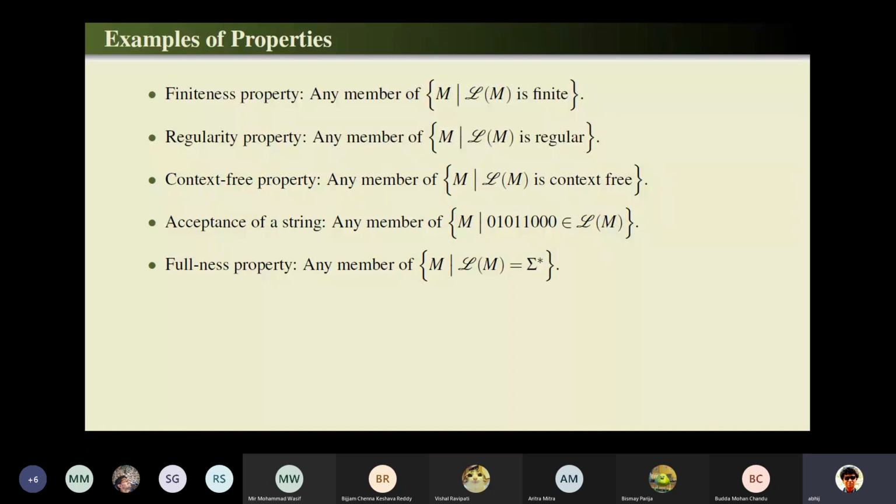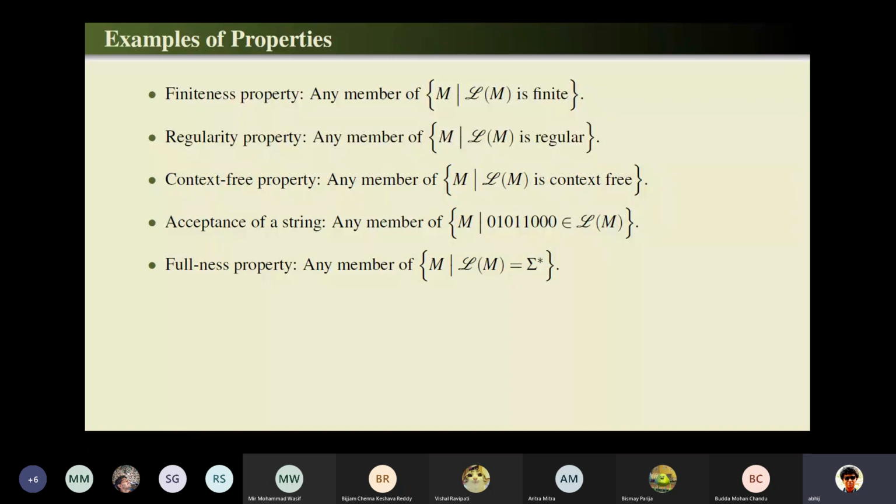So I will pick an arbitrary element M from this set as a representative of this entire property. In that sense, this is good. If I make no assumption on M, and I ask the question whether the language of M is finite or not, it is essentially an arbitrary element picked from that set without any strings attached. So this is a good representative of the whole class.